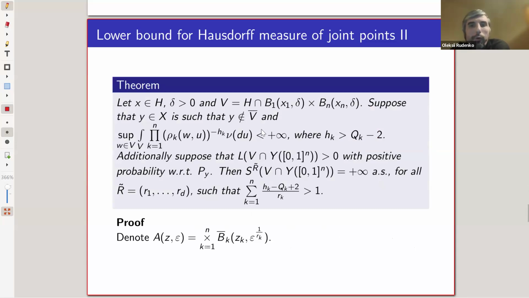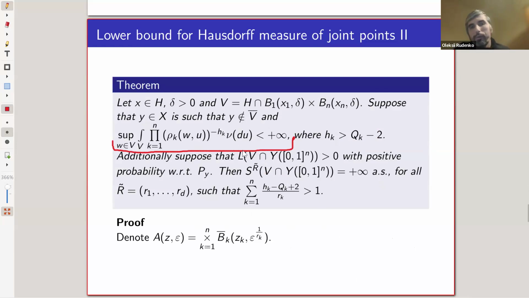So here, unfortunately, I have to assume not just that some Hausdorff measure is finite, but this condition. It can be viewed as a condition for the existence of intersection.